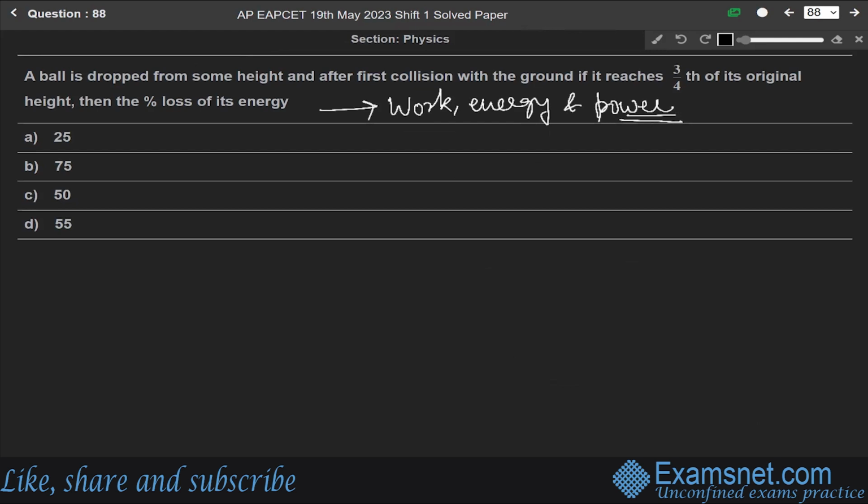So let us say initially the ball is at height h. Then initial energy of the ball will be, let us say, I, and final energy when it reaches 3 by 4th of its original height.